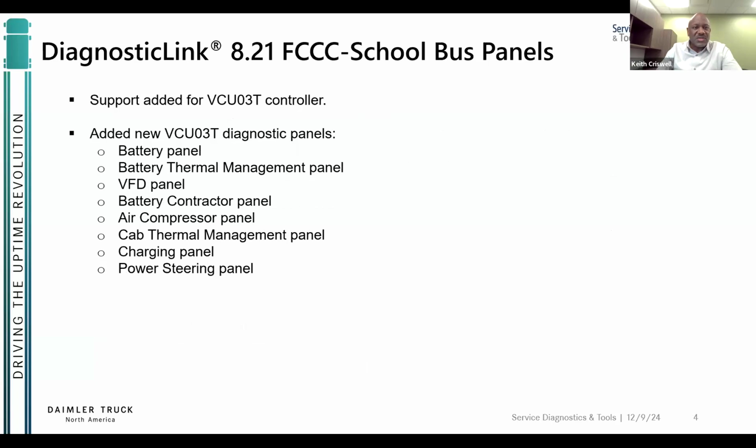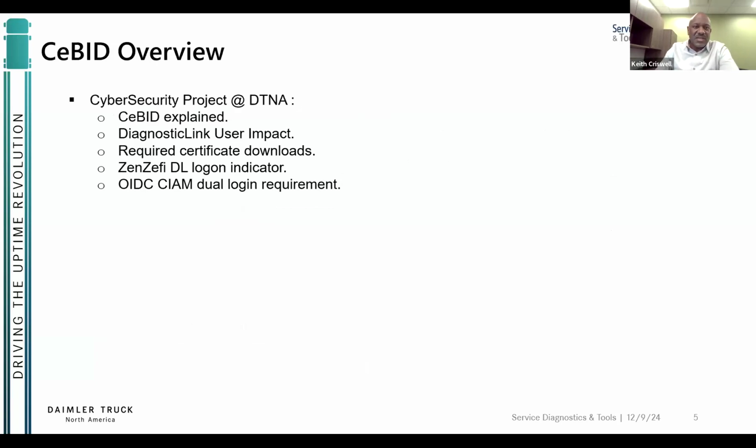We'll go into the FCCC EB2 Gen 2 school bus panels. And we'll finish up with the CBID overview. This isn't a new feature or new content, but some of the content is being readdressed just for more clarity, and some things that may have slightly changed in the latest release.